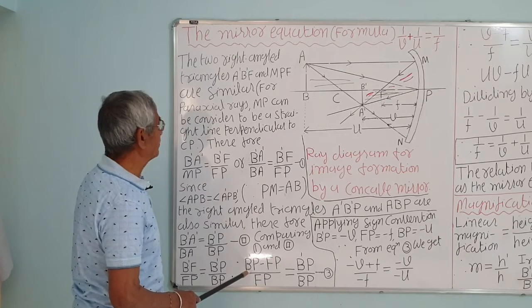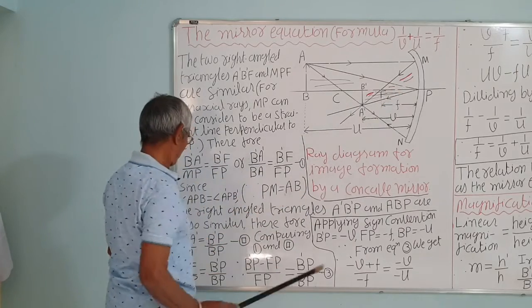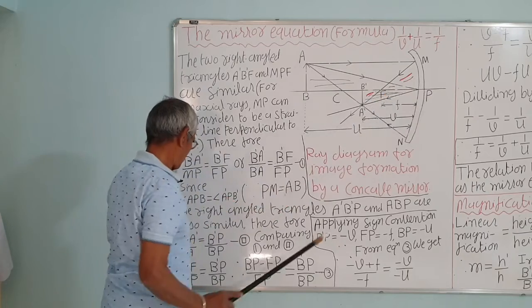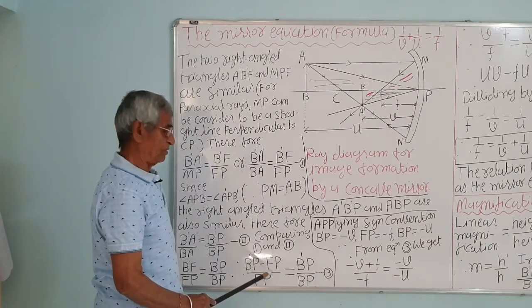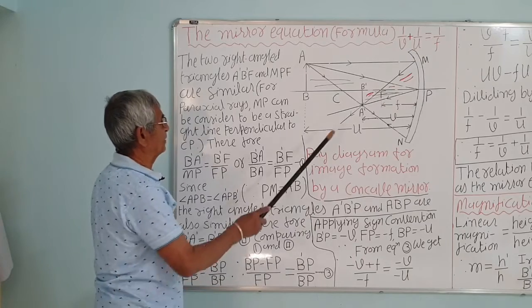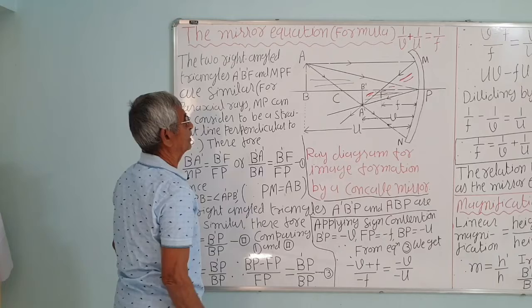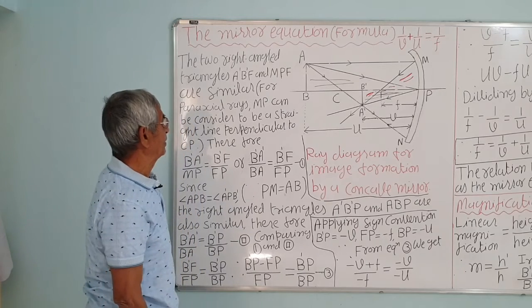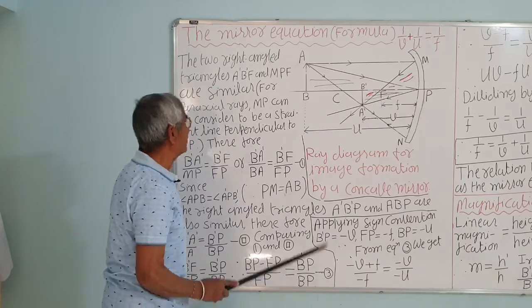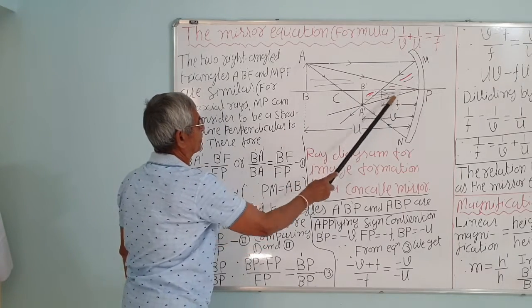So B'P is V and FP is F. So V minus F upon F is equal to B'P, that is V, and BP, that is U. This is U, this is V, so V upon U.